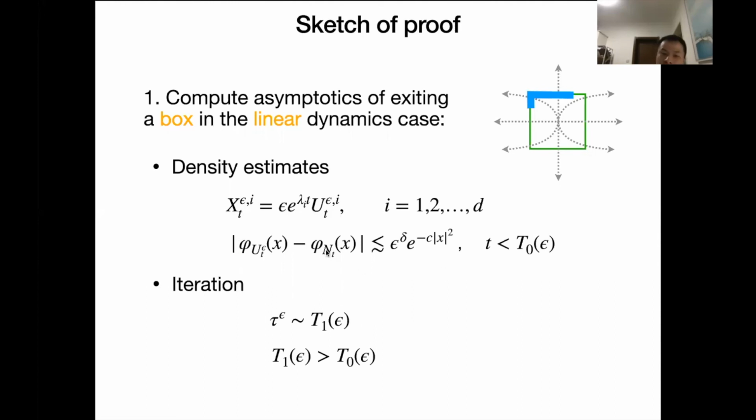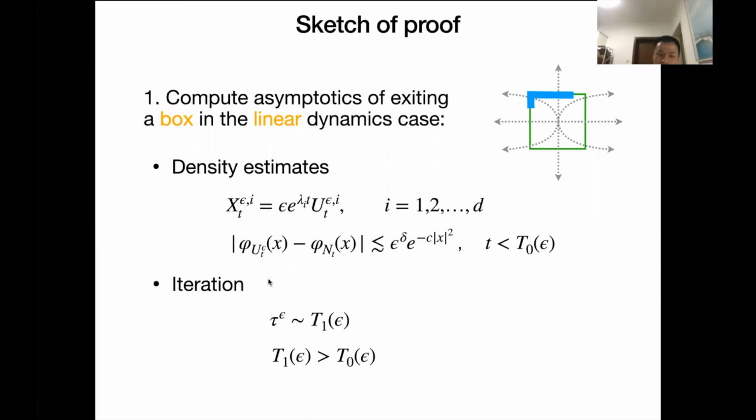M_T here is a Gaussian process, so we are comparing U with a Gaussian process. We need this density estimate for T less than some deterministic time T0 depending on epsilon. This estimate is a key ingredient, and we ended up using Malliavin calculus to do this.